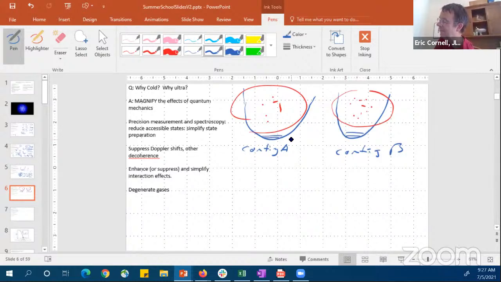In configuration A, say I've got 10,000 atoms in the lowest state and 10,000 atoms in the next state up. And in configuration B, I've got 20,000 atoms in the lowest state and 0 atoms in the next state up.